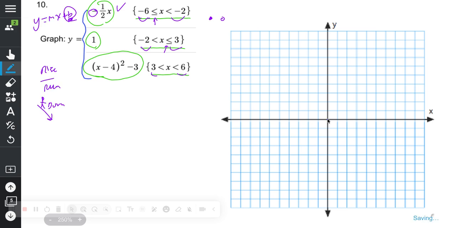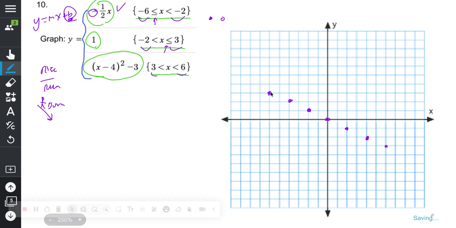So the negative rise is like this. Got my slope wrong. So these are all going to be part of negative 1/2.